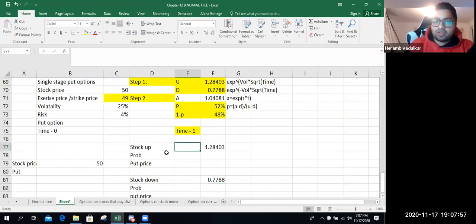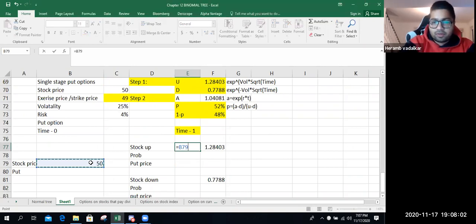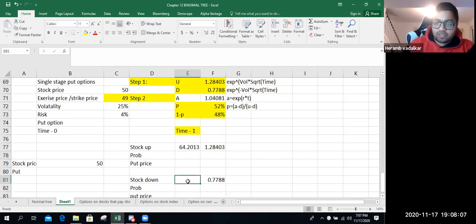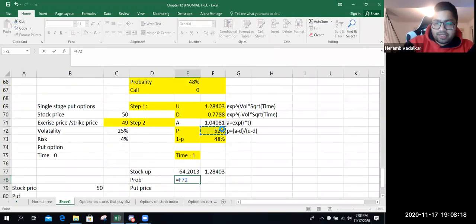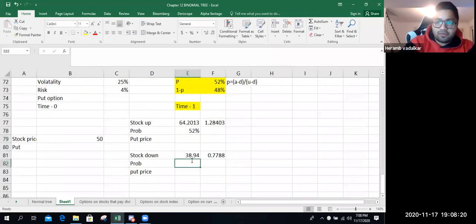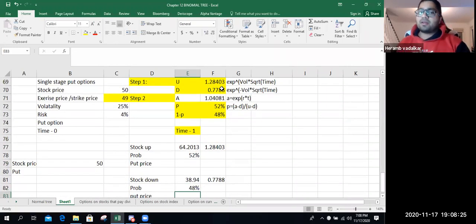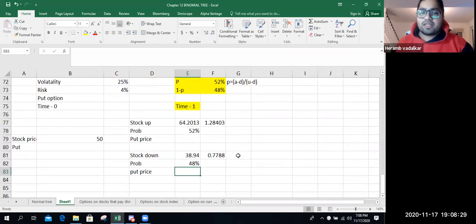So if stock goes up, it will go up to 50 times U. If stock goes down, it will go down to 50 times D. Probability of moving up 52%. Probability of moving down 48%.